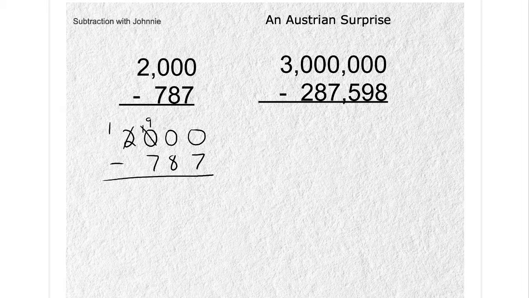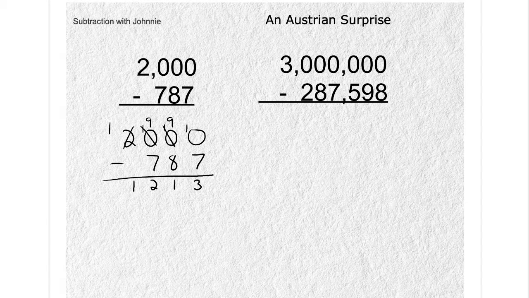And all of a sudden we have 100 here. But that's not sufficient, so we need to make this into 90 and make ourselves a 10 here to be able to subtract that 7. And we end up with 10 minus 7 is 3, 9 tens minus 8 tens is 1 ten, 9 hundreds minus 7 hundreds is 2 hundreds, and then 1,000 minus no thousands is 1,000.